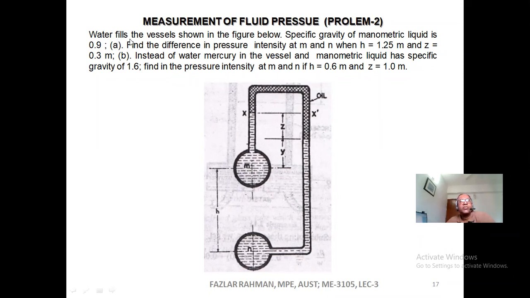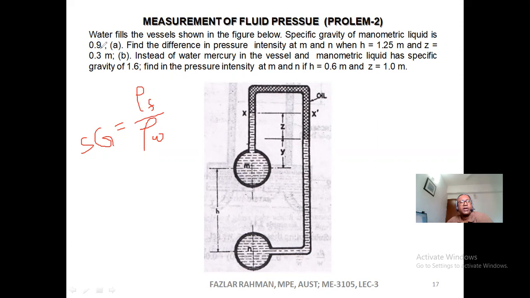So it's saying a water-filled vessel is shown in the figure below. Specific gravity of the liquid right over here. Rho is not given. They're giving specific gravity. What does specific gravity mean? Anyone? Specific gravity equals rho of the fluid divided by rho water.